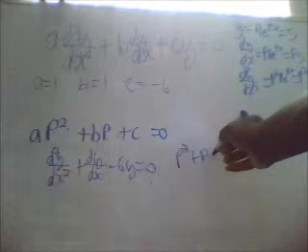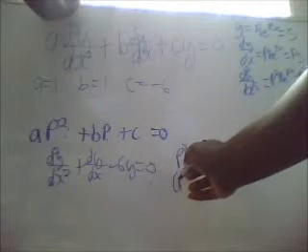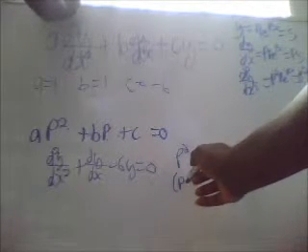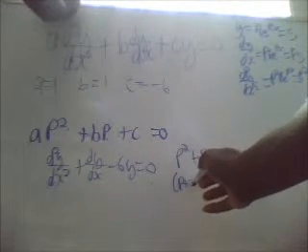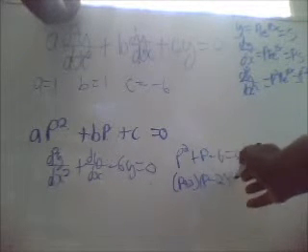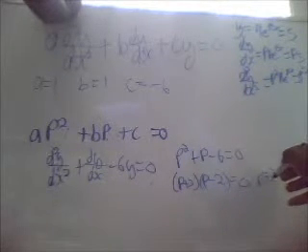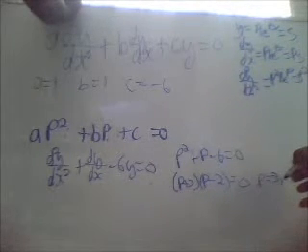equal to 0. You don't have to apply the quadratic formula, you can just factorize nicely, which is (p plus 3)(p minus 2) equal to 0. So therefore p is equal to minus 3 or is equal to 2.